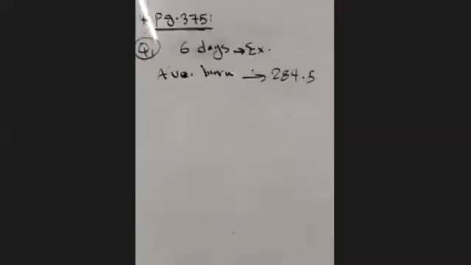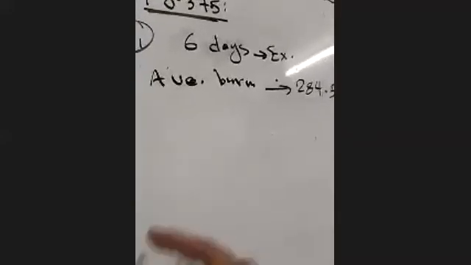Good. Let me read it again. Jenny exercised 6 days this week. The average burning is 284.5. Now, what's the wanted?